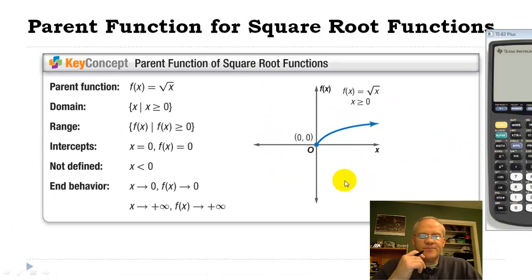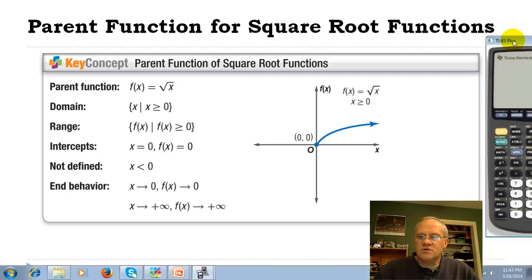Alright, this is first of all the parent function for square root. Remember before when we've done other kinds of graphs, we've talked about there's a parent function, and then based on that, you can change some things about it.